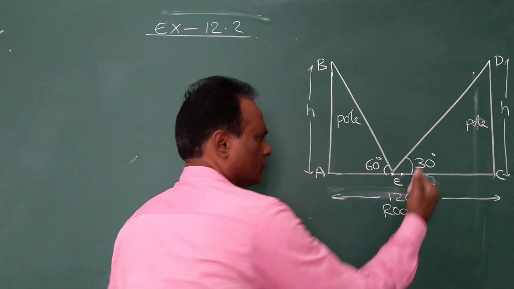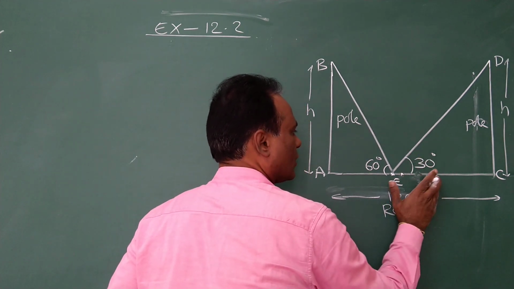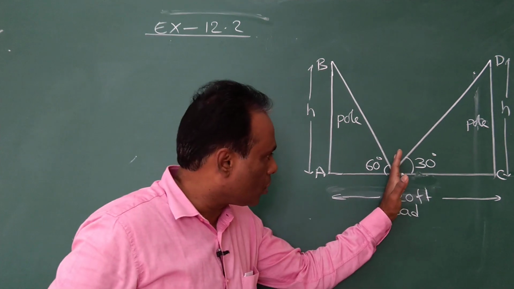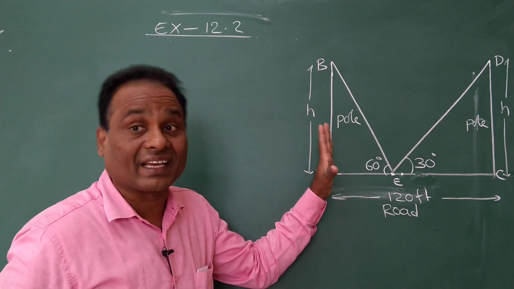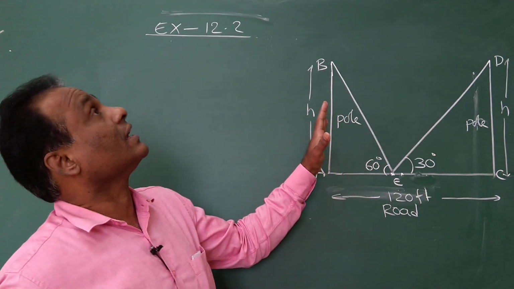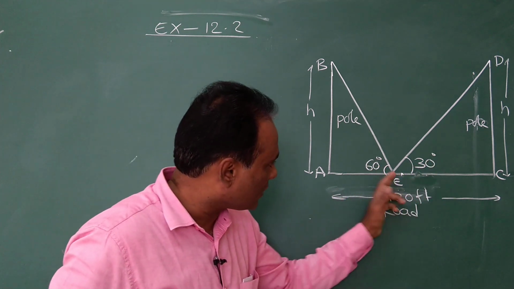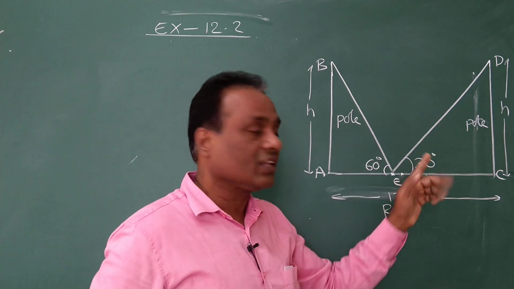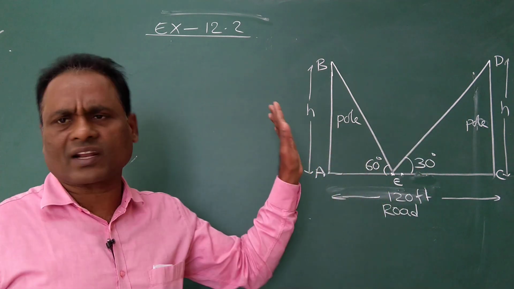Somewhere here. Because this angle is more, it will be on this side. When we move towards the pole, the angle will increase. So this is near to this point. From here, this angle is 60 degrees, this angle is 30 degrees. Clearly the diagram is drawn.